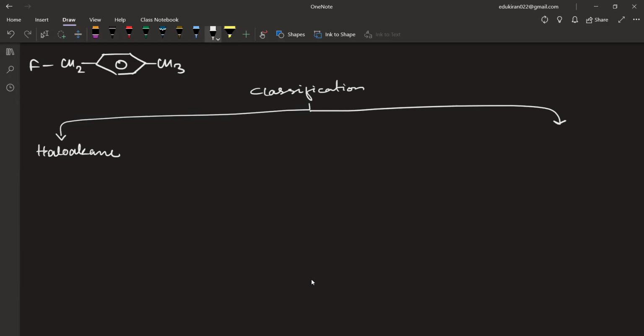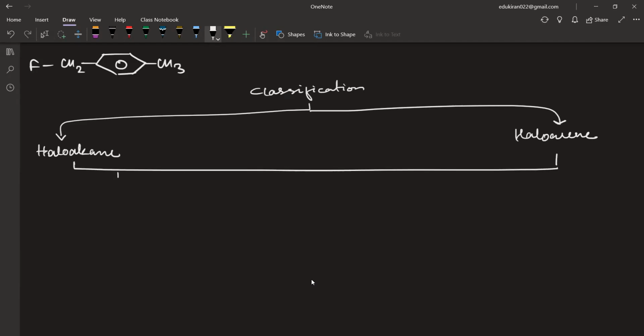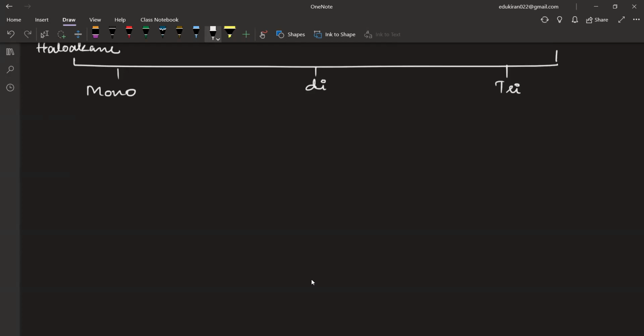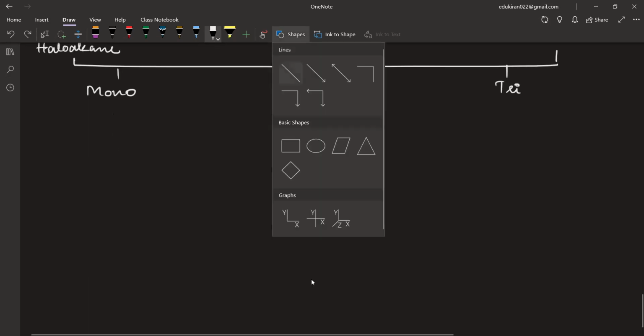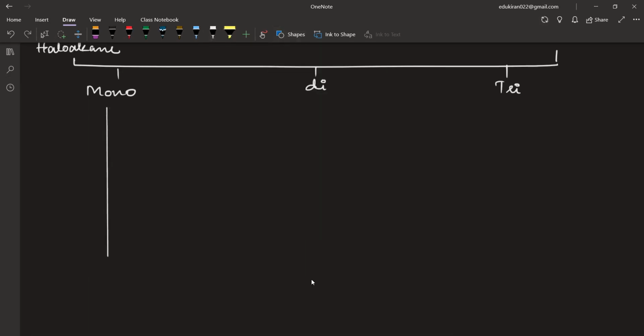In both of them we have mono, di, and tri haloalkane and haloarene. And then we said that in mono there are basically two types. One type is where you have an sp3 carbon and halogen bond, the sp3 C-X bond.